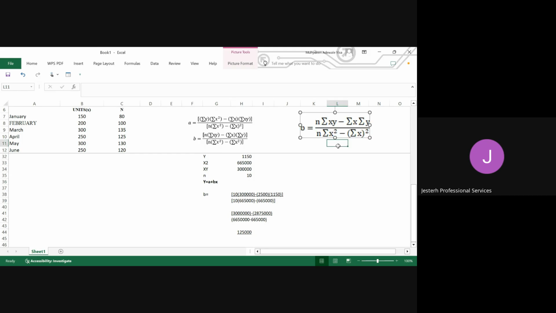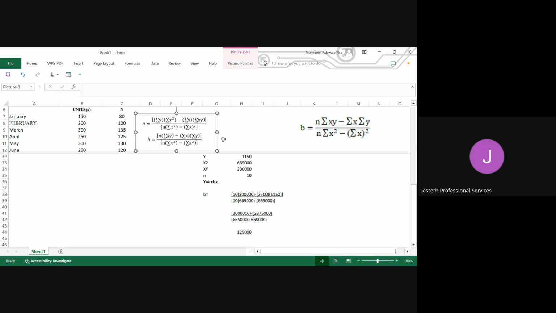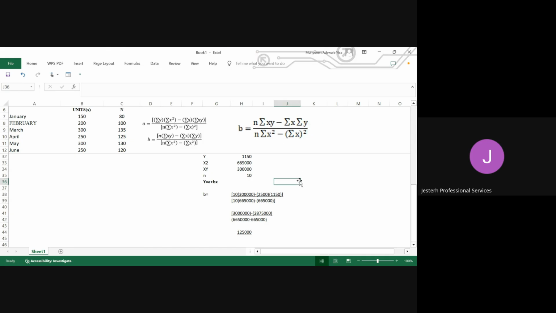Okay. So now you can see the summation of B. When I was trying to come up with it, I think there's a little error in it. So this is the formula for B. The only thing that changes here is the summation of X. It's supposed to be summation of X, closing bracket, raised to power of 2, not summation of X squared.